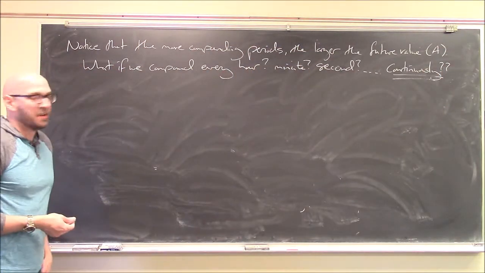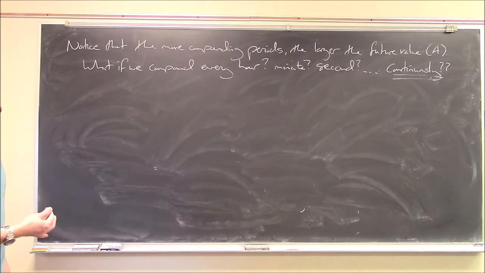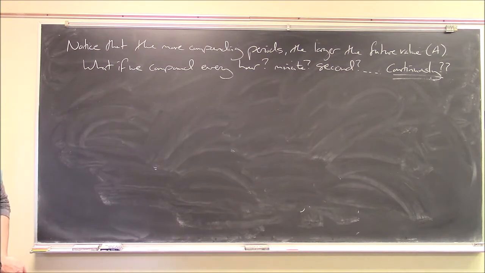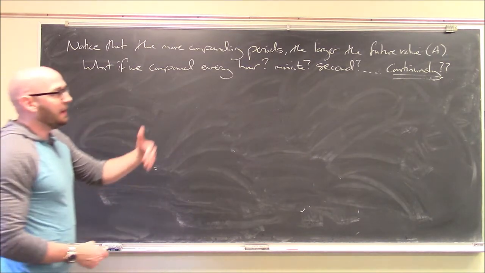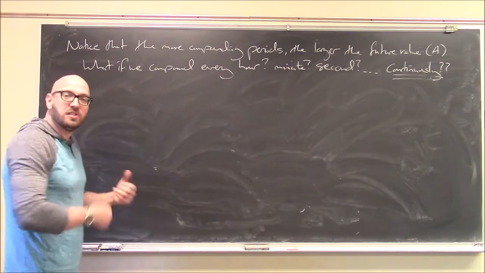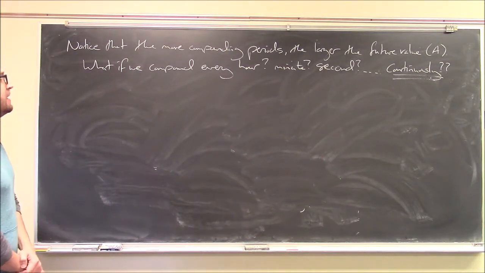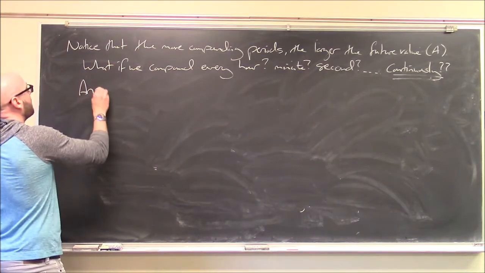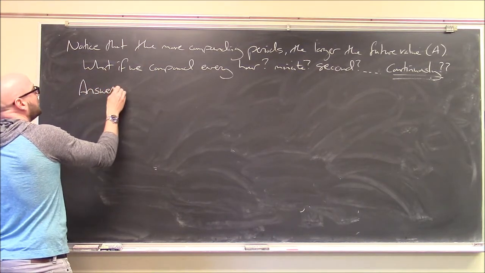So this is the question I was posing, right? We've observed that the more compounding periods, the larger the future value. So what happens if you compound every hour, every minute, every second? What happens if you could compound continuously? So you're just constantly earning interest, it's constantly compounding all the time. Well, the answer is that it doesn't blow up to infinity.